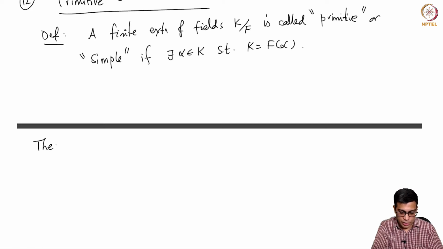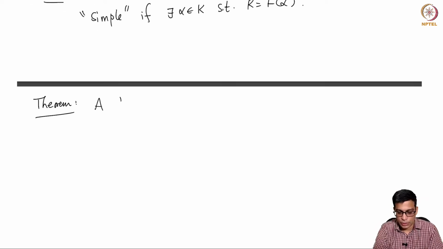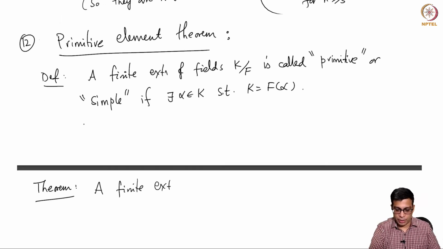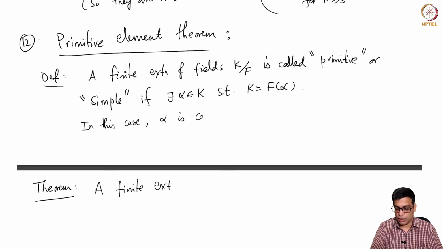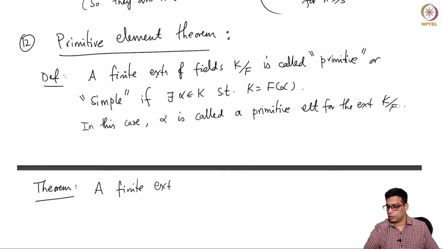In this case, alpha is called a primitive element for the extension.